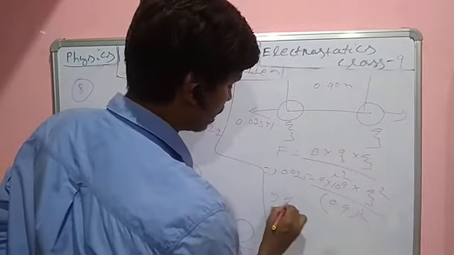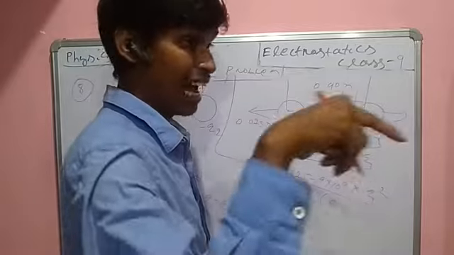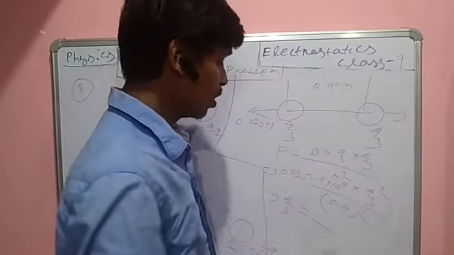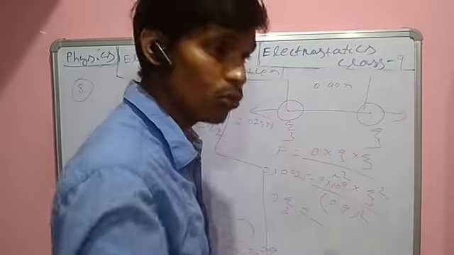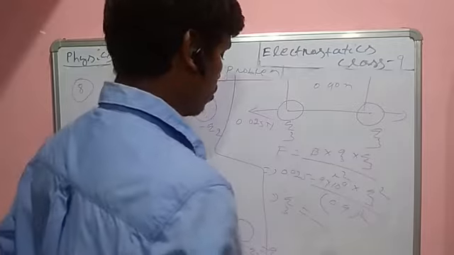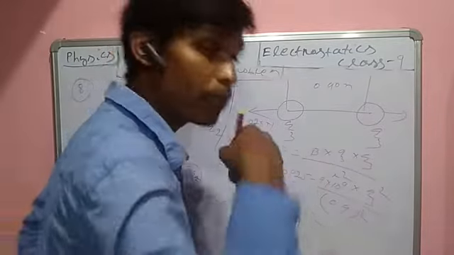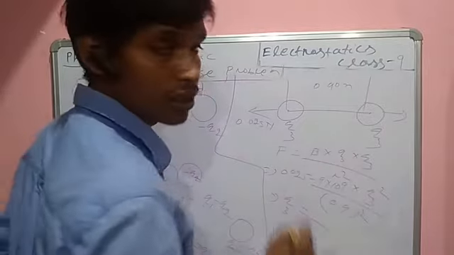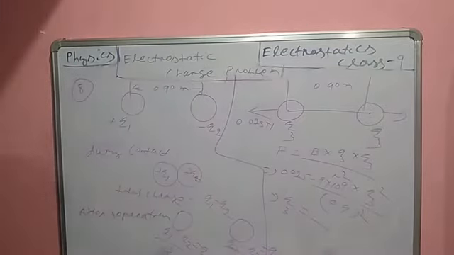You have to find this value. The question asks you to find the value of Q, not Q1 or Q2. This is question number 8. Then after this, question number 9.